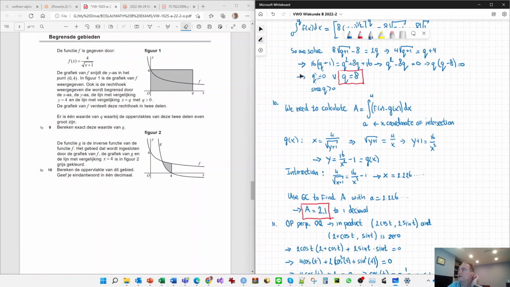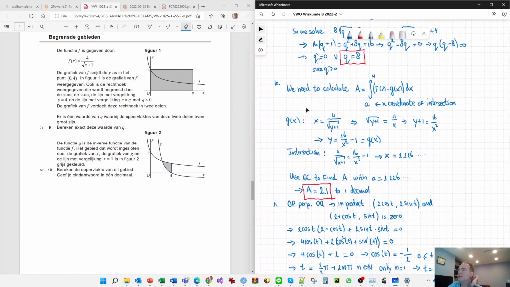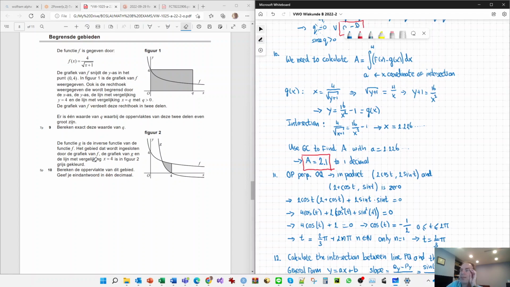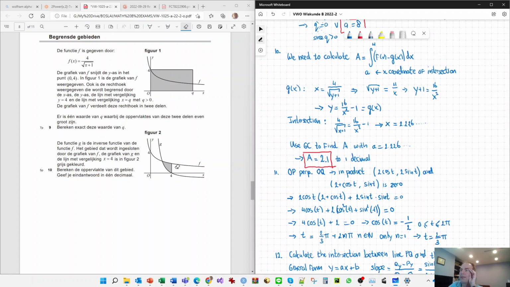Okay, so they give another function g, and this is a kind of common question. You have to calculate an area that's enclosed by these two functions in a certain area, and the x's are from the intersection of the two functions to x is equal to 4.